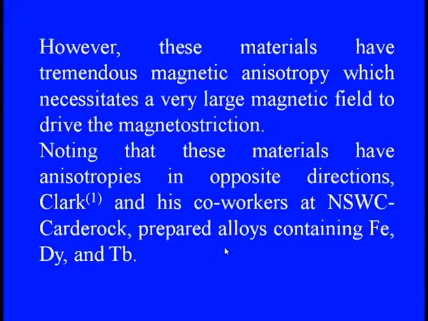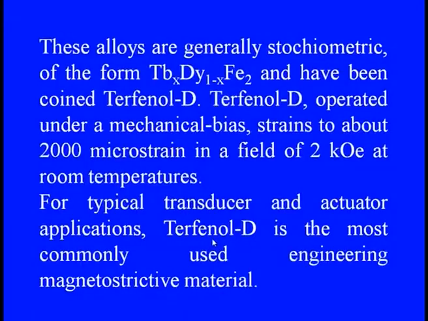When the anisotropic feature is there, the recovery part is almost irreversible compared to the extension features. These alloys are generally stoichiometric, of the form Tb(x)Dy(1-x)Fe2, coined as Terfenol-D, operating under mechanical bias, and strain can be produced in a field of 2 kOe at room temperature.